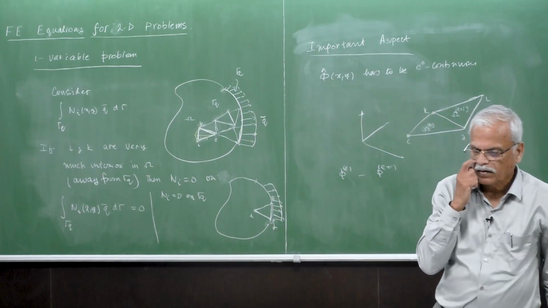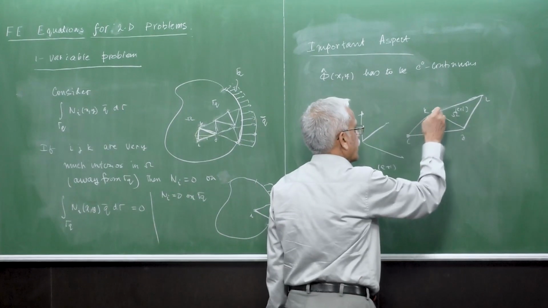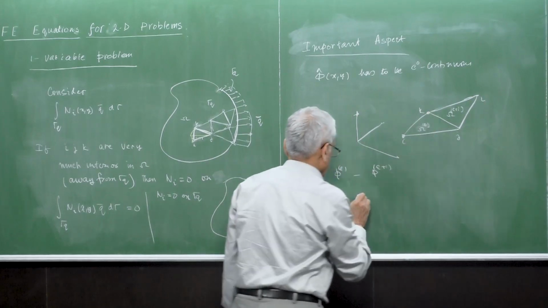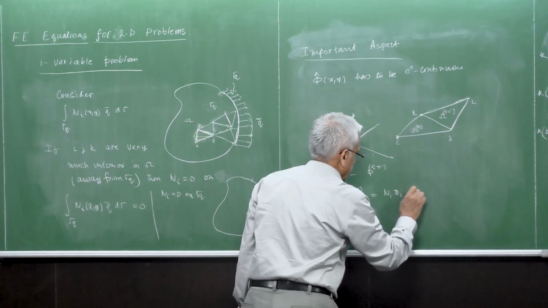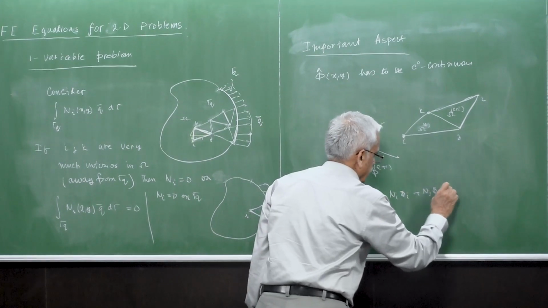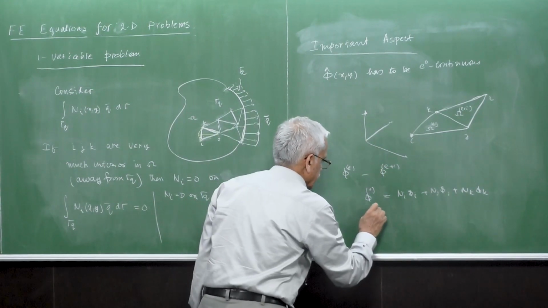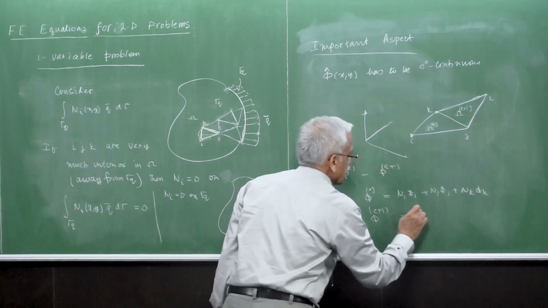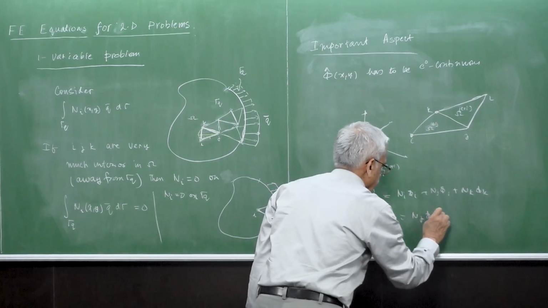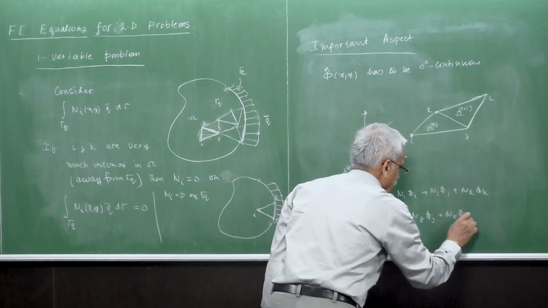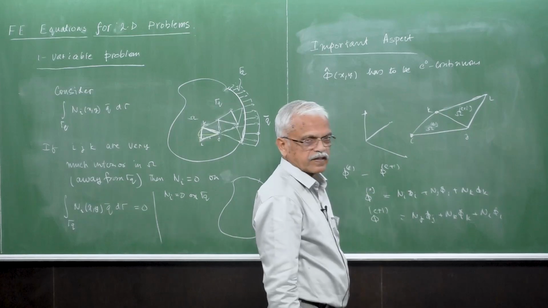The important consideration which we have to satisfy is that we know that this phi e is Ni phi I and Nj phi j. This is for the element e, and similarly for e plus 1 we have j, k, l, and j and k and n. So these are defined separately for each element.